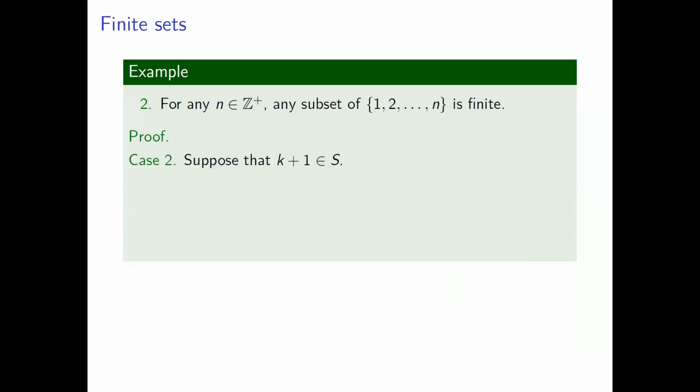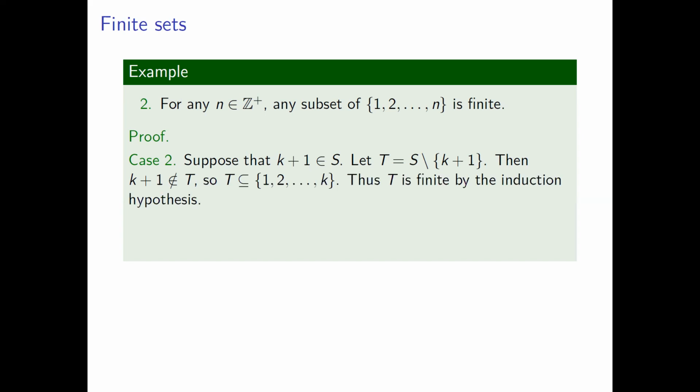Now assume that the integer k plus 1 is an element of S. Let T be the set S minus the singleton whose element is the integer k plus 1. Then the integer k plus 1 is not an element of T, so T is a subset of the set of integers from 1 to k. By the induction hypothesis, T is a finite set. We now apply example 1.